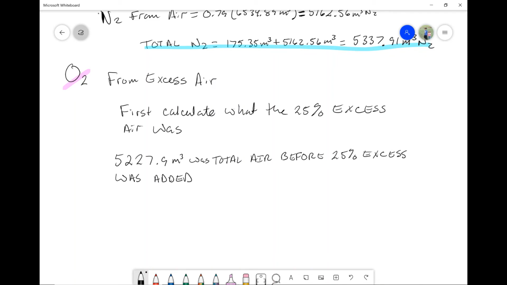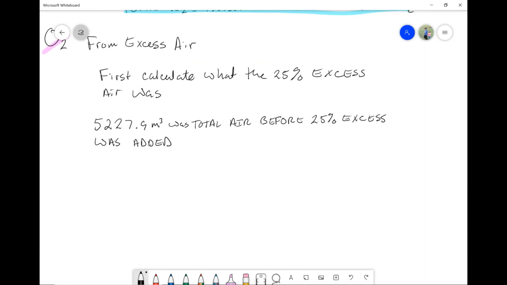All right, so the excess air was 0.25 times 5227.9 cubic meters.